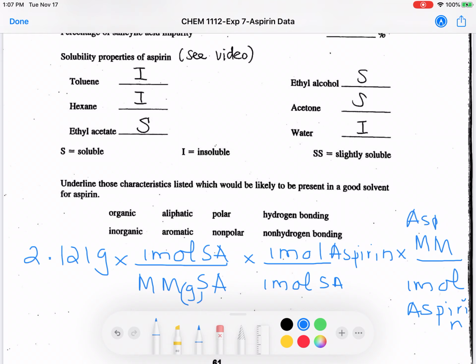You know the structure and the molecular formula, so you put it in here. This one you need to calculate, and the molar mass of salicylic acid you need to calculate. Molar ratios are the same, 1 to 1, and then you will get the theoretical yield of aspirin in grams, the amount of aspirin that you make with 2.121 grams of starting material.